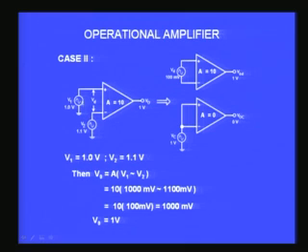So, if the amplifier is a very good difference amplifier, then it will now worry only about that 100 millivolt, which is only the difference between the two inputs, and that multiplied by 10, I get 1 volt.